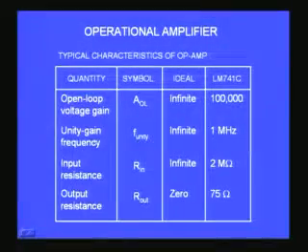When you look at the bandwidth, the unity gain frequency bandwidth, you find the ideal operational amplifier will have infinite bandwidth. That means all frequencies from 0, that is DC, to very high frequencies it will have the same gain without any drop, whereas in the case of a typical 741 it is about 1 megahertz.